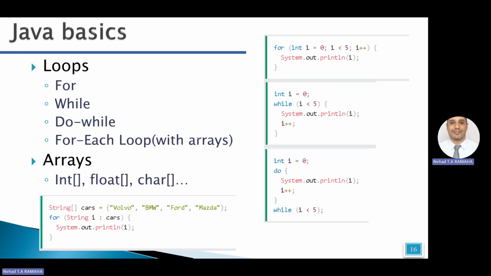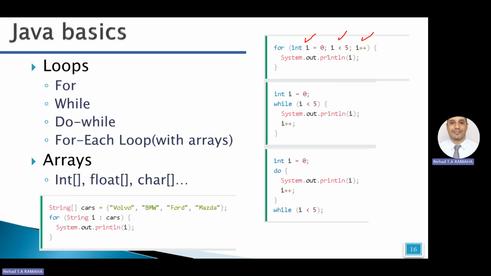So the first statement is like C language. We have the initial value, then the condition to stop the loop, then the increment or the step value. It could be plus, minus. It could be +2, any step like C language.